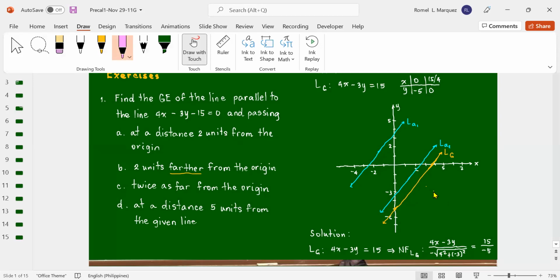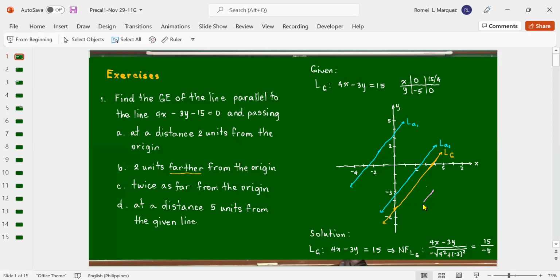Get it, children? So this is what we want. Another possibility. So this is already 2, no? 3, 4, 5. So the pink is somewhere here.